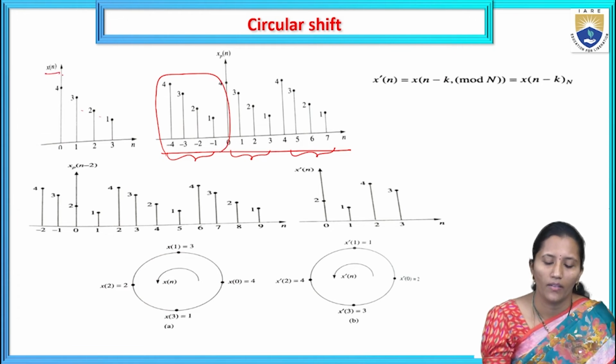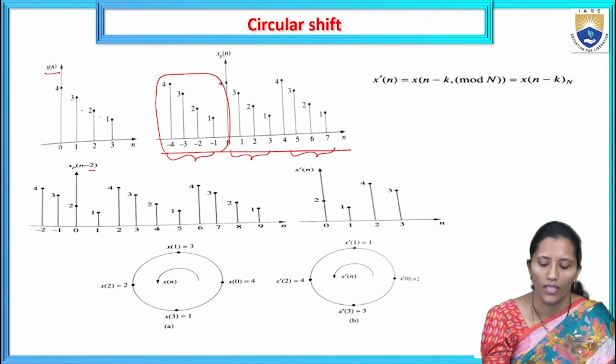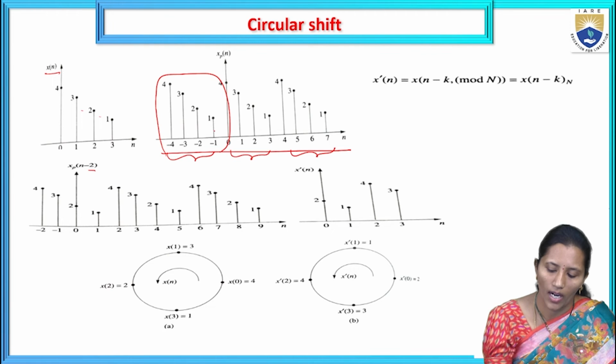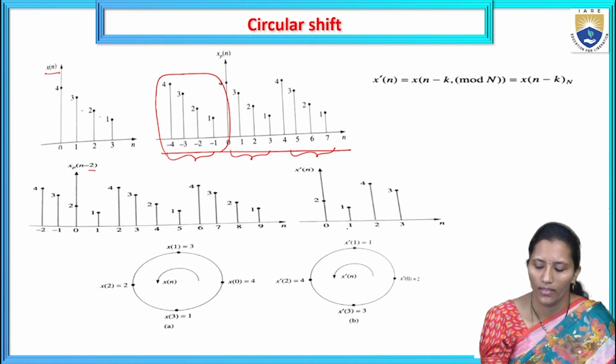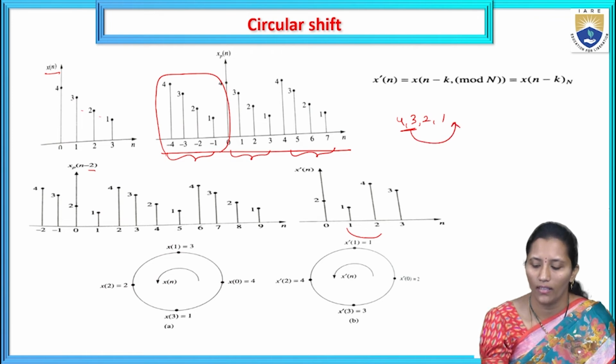If I want to shift this by 2 samples, to xp of n minus 2, then the first 2 samples will go to the end, and it will become 2, 1, 4, 3.